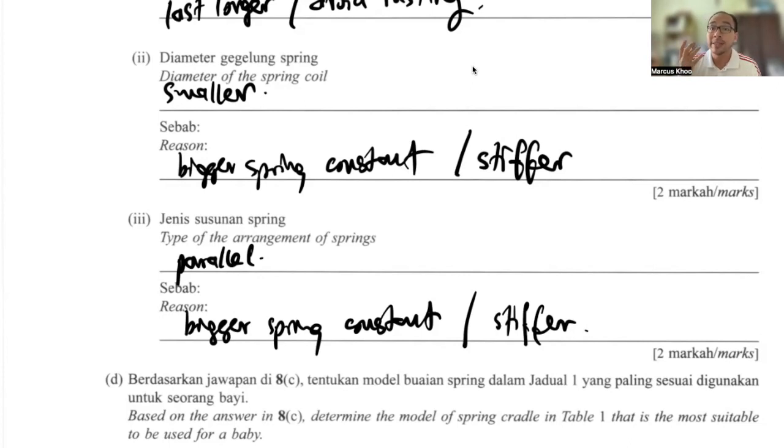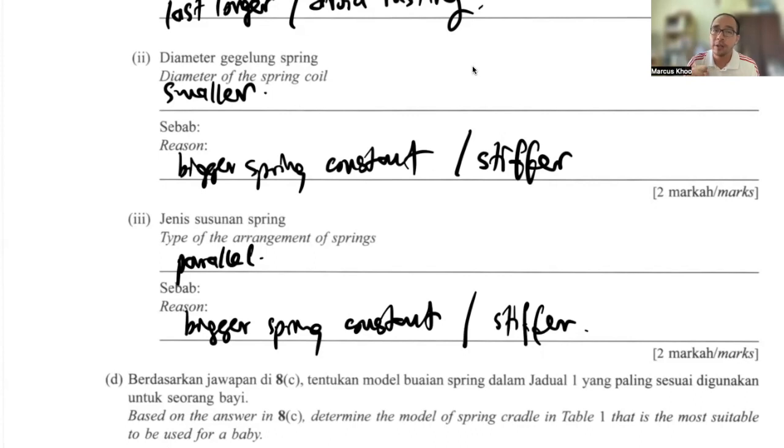And when we talk about stiffer, yes, it can still bounce. It's just a little bit more difficult to bounce than normal. Don't think about stiffer as very, very hard, that's very extreme. Don't think about it in such extremes, especially when it comes to springs. Sometimes students tend to think in terms of extremes, which is quite funny when you think about it.